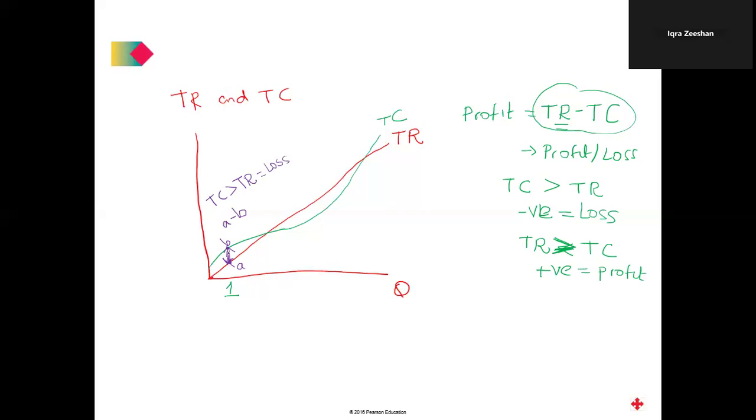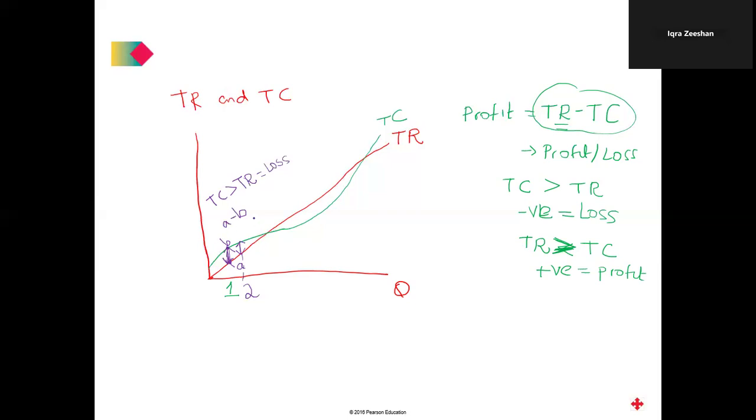And even over here, at production level 2, the total cost is more than total revenue. This again indicates, this vertical distance again indicates a loss.